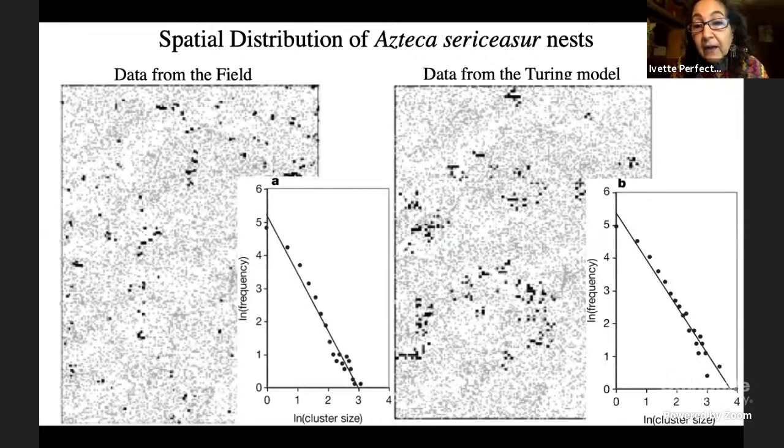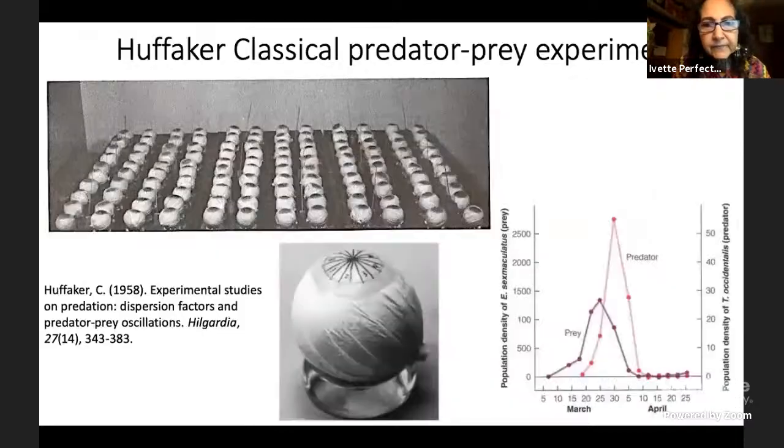Furthermore, we found that calculating the frequency of cluster size for the field data and the outcome of the model produces a very similar power function or power relation as would be suggested if the system is a self-organized system. Self-organized systems have this characteristic of a power distribution, no? Or a power function. And we did get that with both the model and the data.